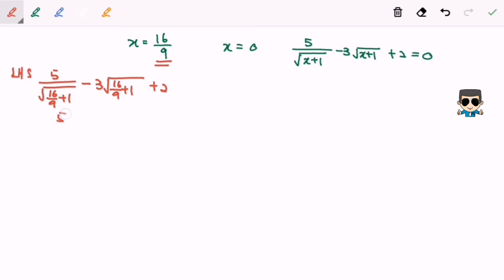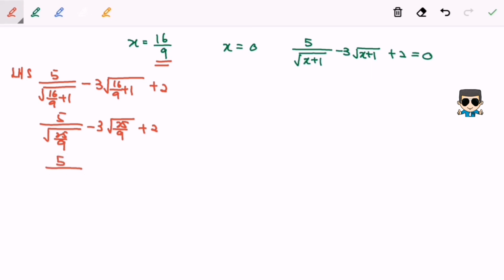So 5 over the square root of 25 over 9 minus 3 times the square root of 25 over 9 plus 2.